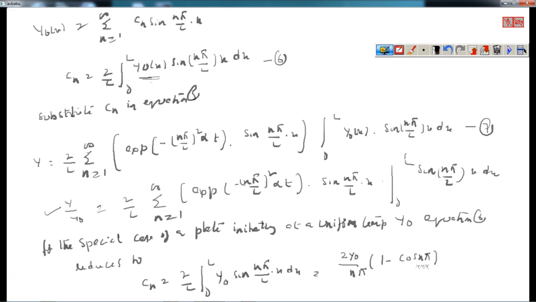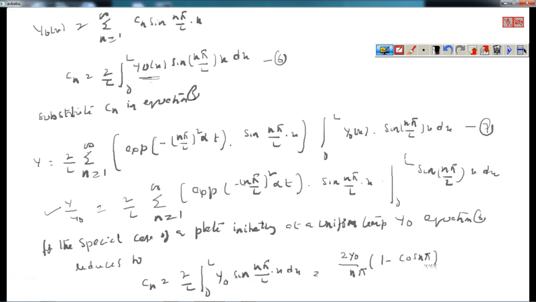Right, this is one case. For the special case of a plate initially at a uniform temperature of y0, that is T0 minus Ts, equation 6 reduces to 2 by L, integral from 0 to L of y0, which is y0 by L. I will keep it here, and this equals the integration of this one.